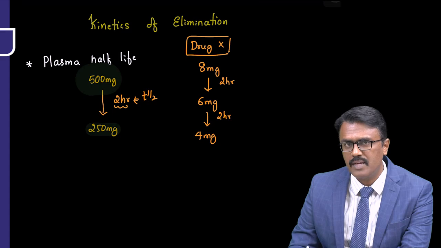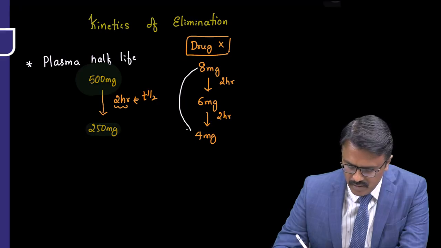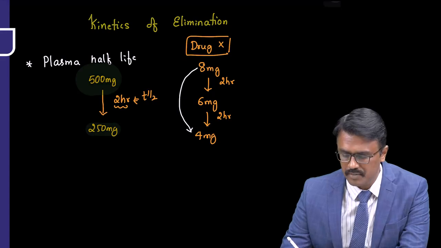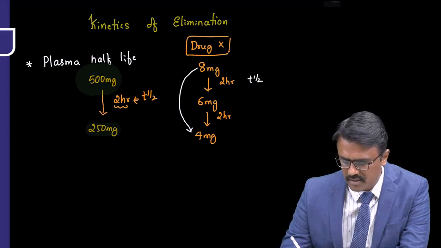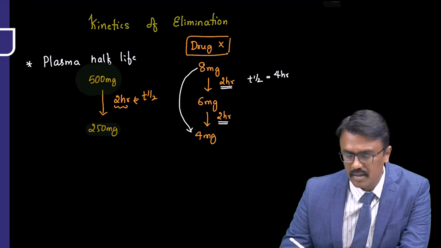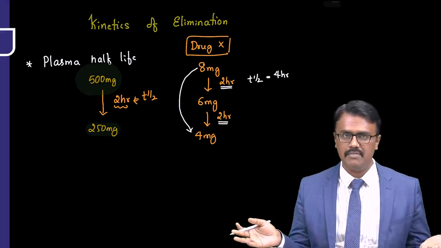Yes, if you are telling 4 hours, correct. So 8 should become 4, that is, it has to become 50% of its original value. So the half-life of this drug X is 4 hours, that is 2 hours plus 2 hours. So that is a half-life.